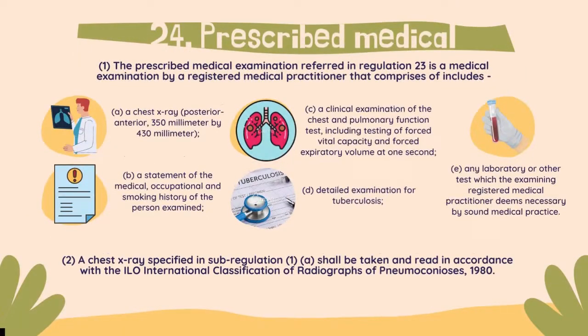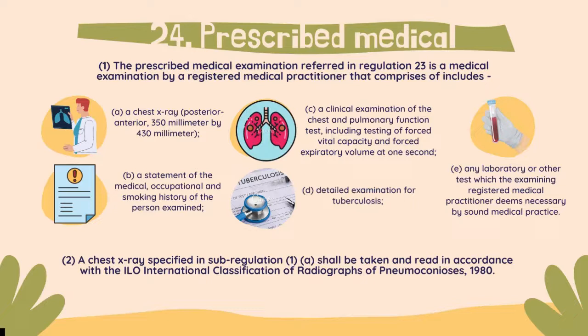Regulation 24, Prescribed Medical Examination. The prescribed medical examination referred to in Regulation 23 is a medical examination by a registered medical practitioner that includes A. A chest X-ray, B. Statement of the medical, occupational and smoking history of the person examined, C. Clinical examination of the chest and pulmonary function test, D. Detailed examination for tuberculosis, and E. Any laboratory or other tests which the examining registered medical practitioner deems necessary by sound medical practice.